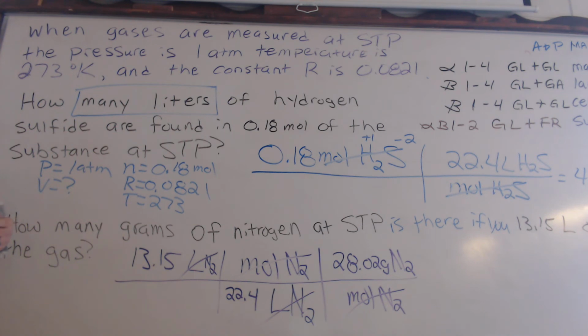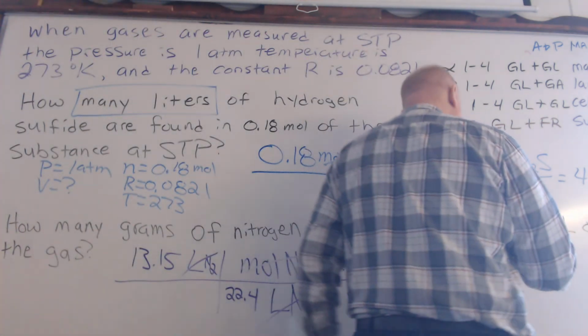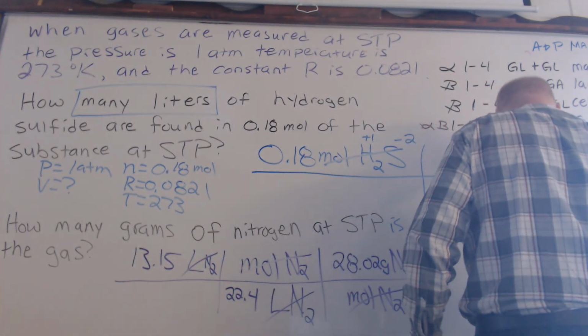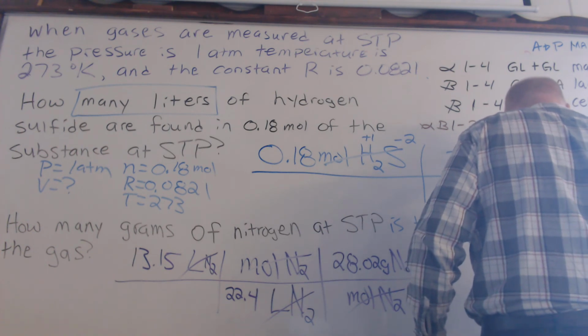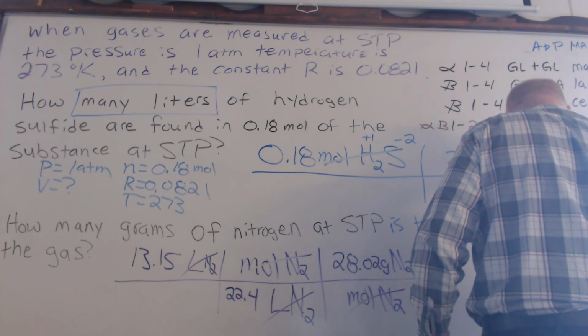Okay? Do that with the first way. The ideal gas law? Yeah. Okay? So what you would do then, could you just take the atomic mass of N instead of writing 1?